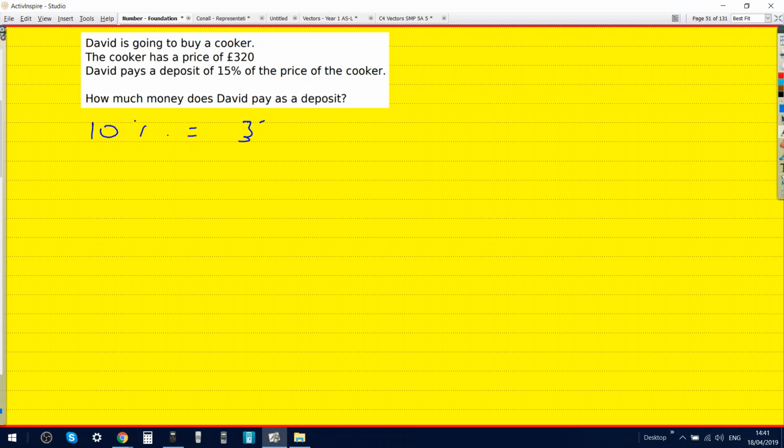And then 5% would be half of that. So half of 32 is... half of 3 is 1.5. So 1.5 plus 1, half of £2.